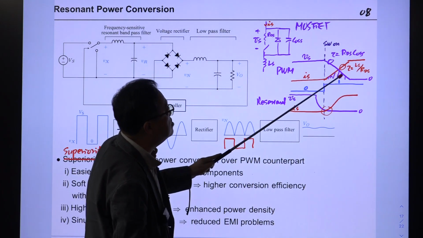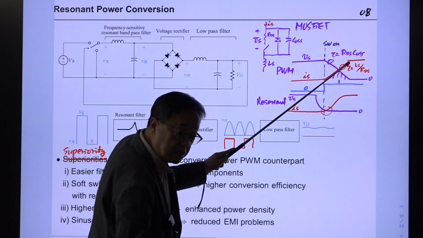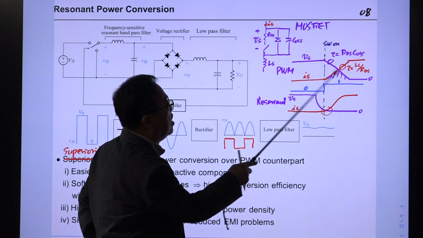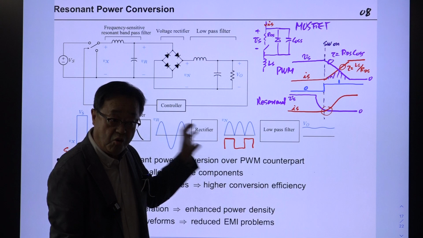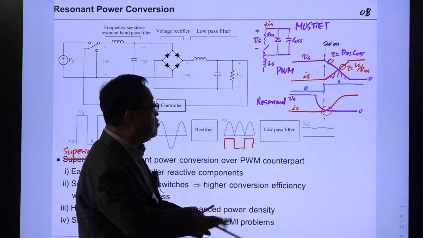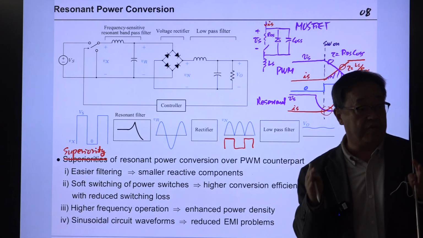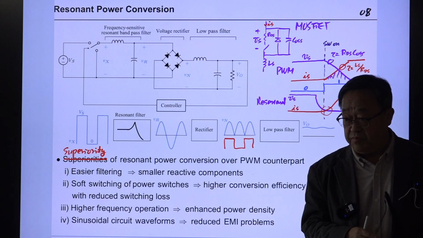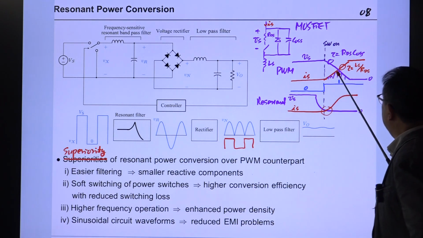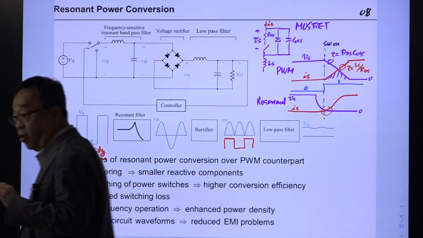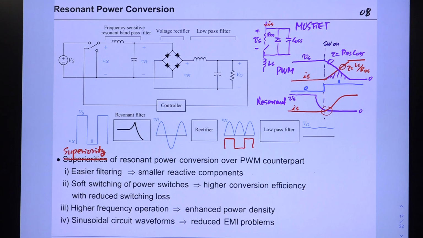Before that, current is increasing slowly, like this. So in this period, the voltage and current are overlapping. If you have voltage and current coexisting in some time period, then you have loss, the product of them. This area represents the loss during the turning on process. That's called the turn on loss. That is the typical waveform for the PWM converter.